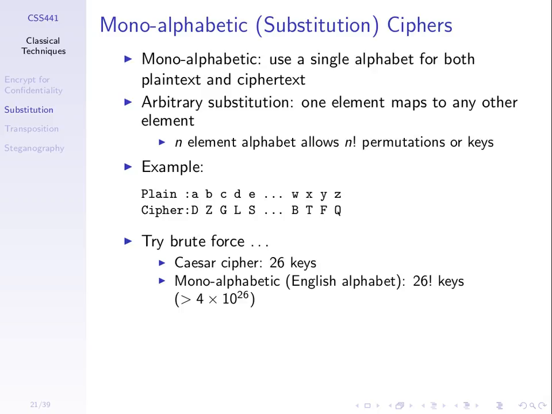For example, I list my 26 plaintext letters, and as user A, the encryptor, I define that every time I encrypt the letter A, it will become D. Every time I encrypt the letter B, it will come out as ciphertext Z, and C comes out as G. And I can choose a random mapping here. I cannot reuse letters, so there will be the 26 letters in the output. Then when I want to encrypt a plaintext message like bad, B-A-D would become Z-D-L.